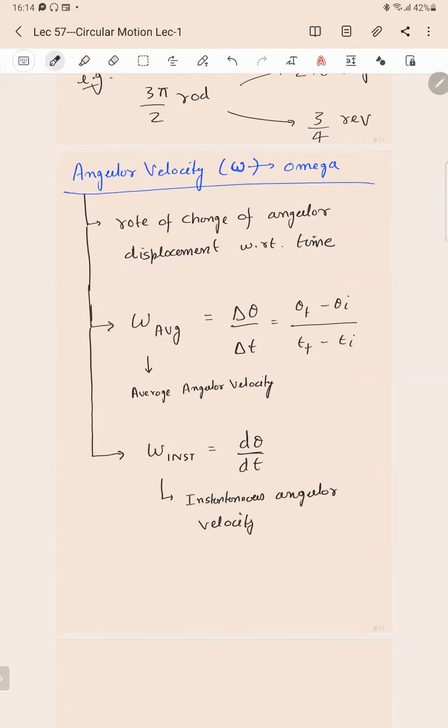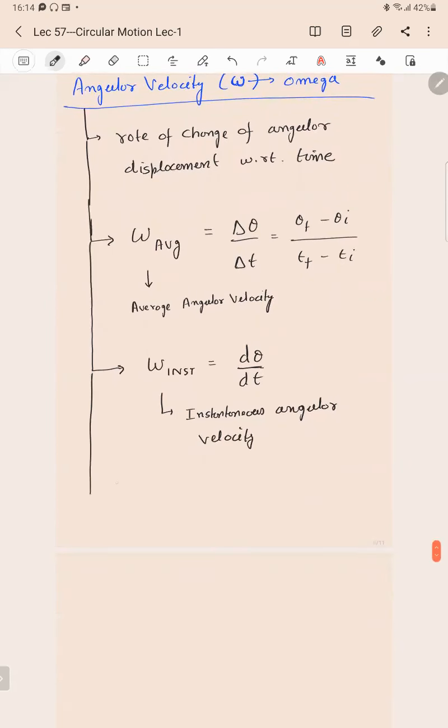Then comes the unit part. Now, yeah, really, the units are really important. Can you guess the units for omega? Can you guess what the units will be like?